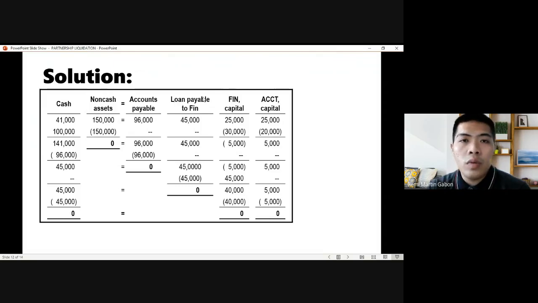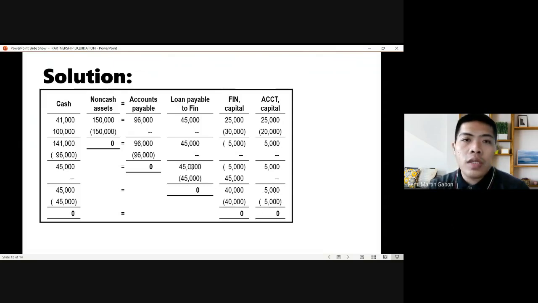So you offset the loan, the partnership's loan payable to Fin, so the loan becomes zero, the loan is settled against Fin Capital, transferred. So Fin's capital becomes positive. By offsetting 45,000 against the negative 5,000, Fin's balance becomes 40,000 and Act's is still 5,000.